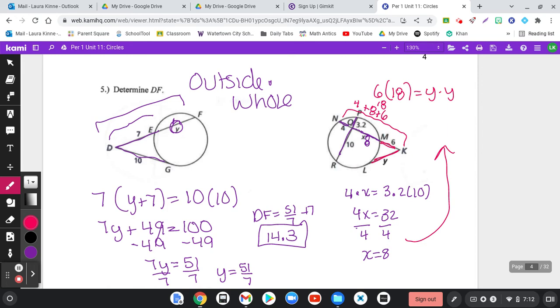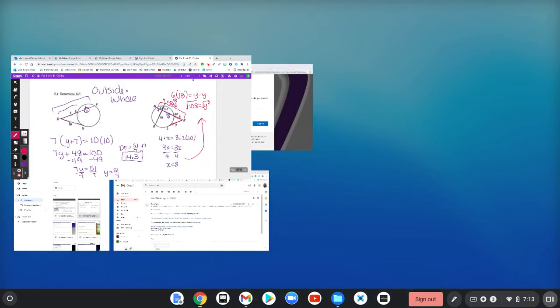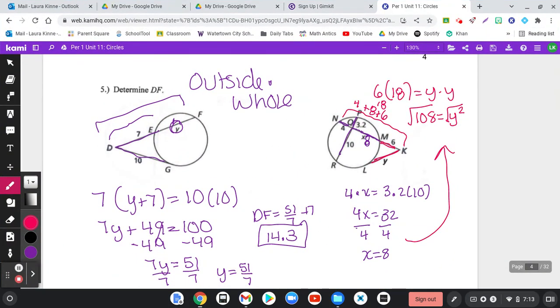So if we just do 6 times 18, we get 108 equals y squared. Then we can just take the square root. And we'll just go to the nearest tenth. 10.4. It was 10.39, but we'll round it to 10.4.